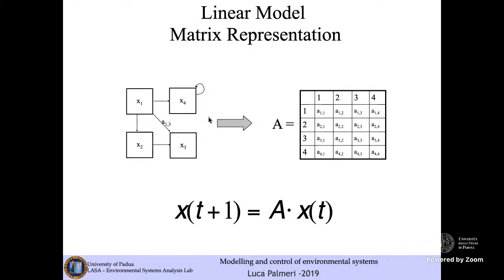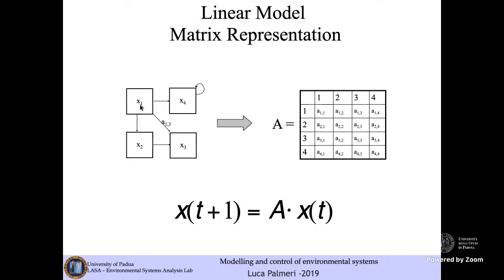Then how do we describe the dynamics of this model? We may say that each of these compartments may interact with other compartments through, for example, a flow. This is a box and flow description, which is a very general description.